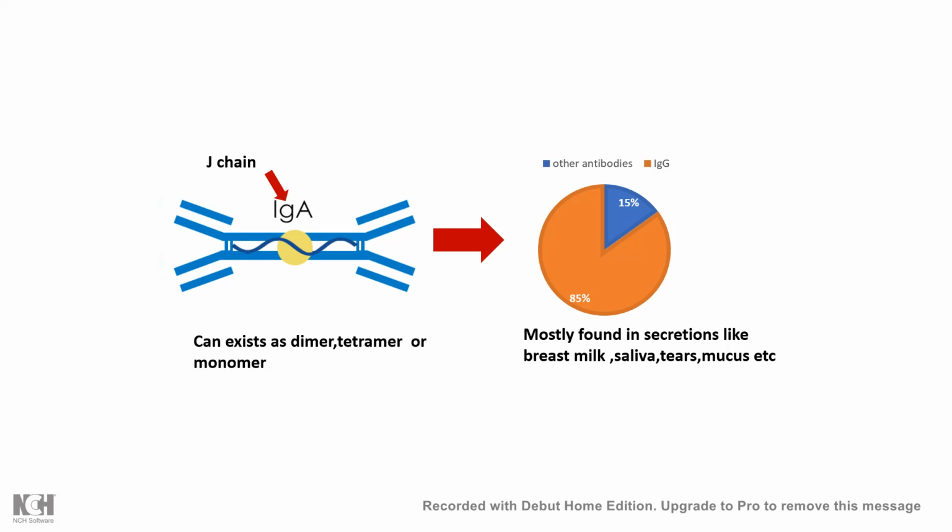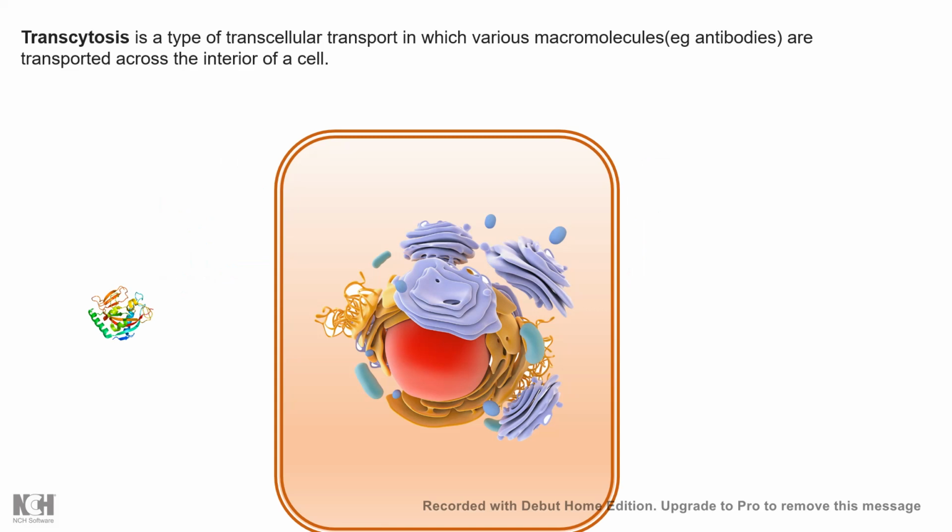IgA can be found in secreted fluids like breast milk, saliva, tears, mucus, etc. We will try to understand this with an example of transcytosis. Transcytosis is a process by which proteins get endocytosed from one side, are transported, and exocytosed from the other side, and that is how they can cross a cellular barrier.